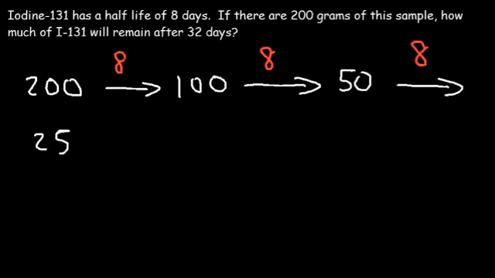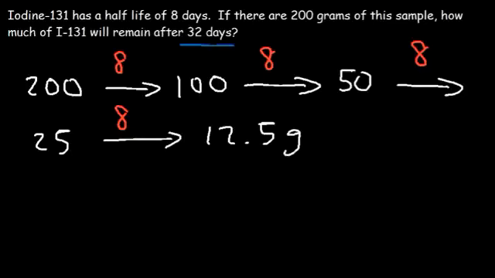Now we need to get up to 32 days. So in another 8 days, it's going to be half of 25. So we're going to have 12.5 grams left over. So that is the amount of iodine-131 that will remain unchanged after 32 days.